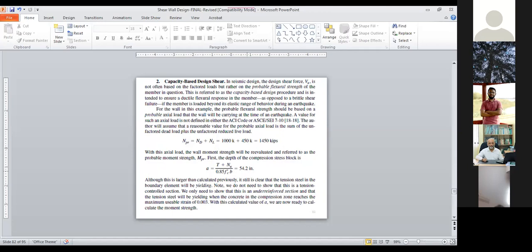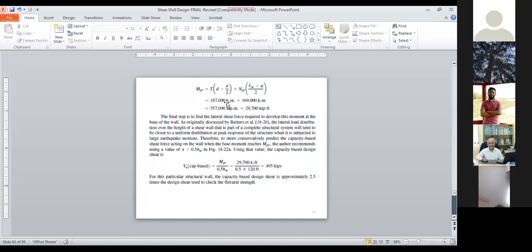That is still in the tension control region, and they calculated the probable moment that can be developed by the section, that is 29,700 kip feet.